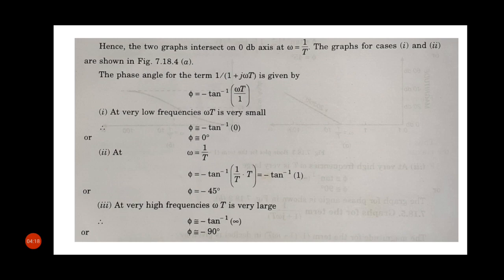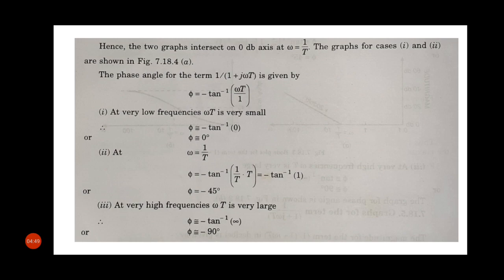Now we see the graph for phase angle. The phase angle for the term 1 by 1 plus j omega t is given by phi equal to minus tan inverse omega t by 1. If we consider very low frequency, that means when omega t is very less than 1, then phi equal to minus tan inverse 0, that means phi equal to 0.